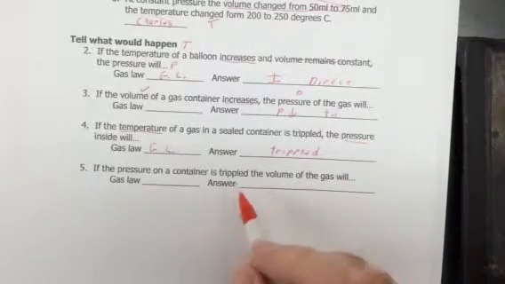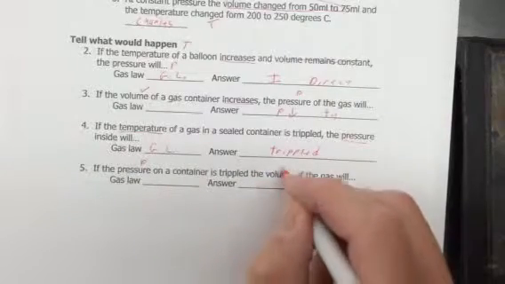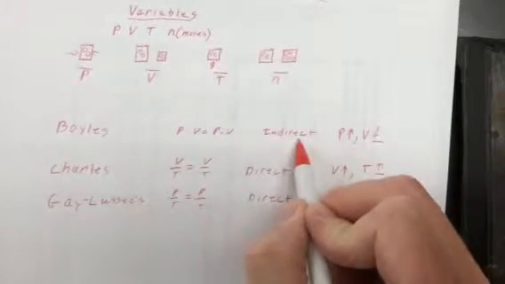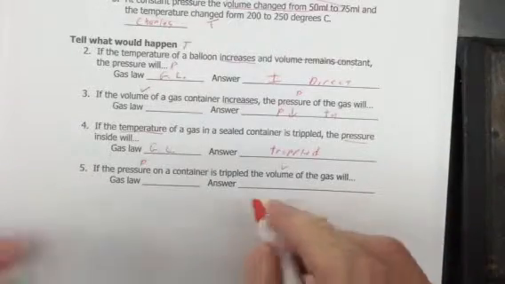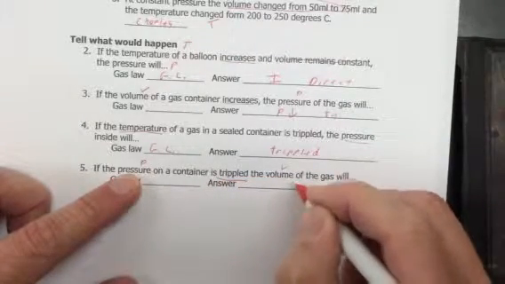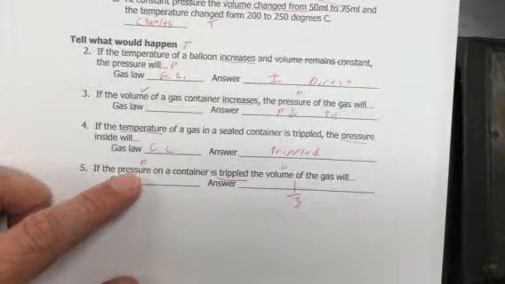The pressure on the container is tripled, so we've got pressure and we have volume. Pressure and volume is going to be a Boyle's. It's indirect, okay? So if the pressure is tripled, what's the opposite of tripling something? Dividing it by 3. So it's going to go down by a third.